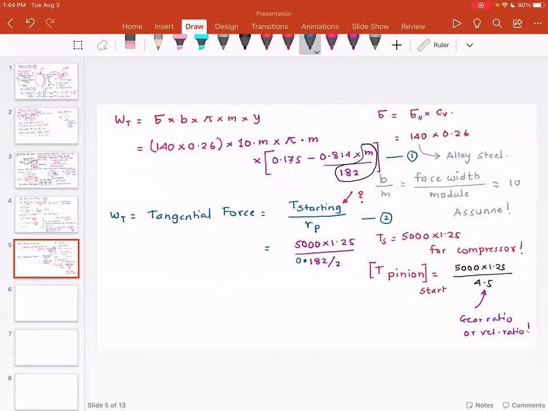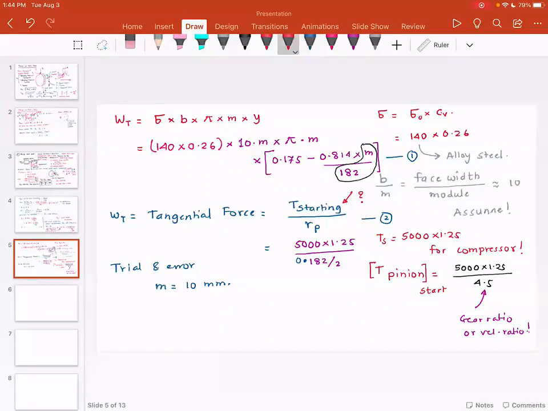As you can see, the only unknown is M. So comparing, you have to use trial and error, or you can use a calculator to find out the module. The module that I got is 10 millimeters.